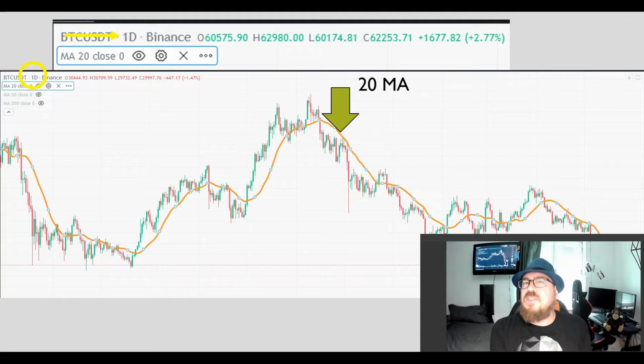The maths isn't terribly complicated, but you don't really need to know the maths too well to see what exactly is going on. You can see my 20 MA line is pretty close to where the candles are. Sometimes it's below the candles, sometimes it's above the candles, and sometimes it's going through the candles. Each of those things sort of means something too, and we'll look at that later as well.